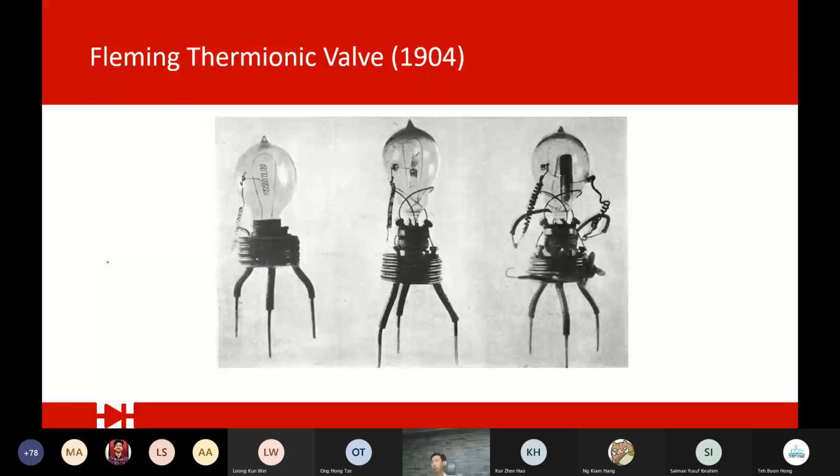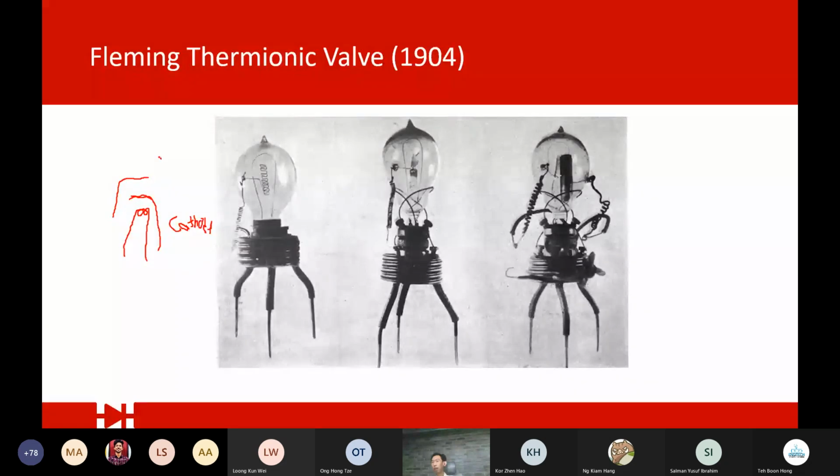If I can try to show you, it will have a heating device, sitting at the cathode, the negative side. And the positive is the anode. They are all housed inside something like a light bulb.